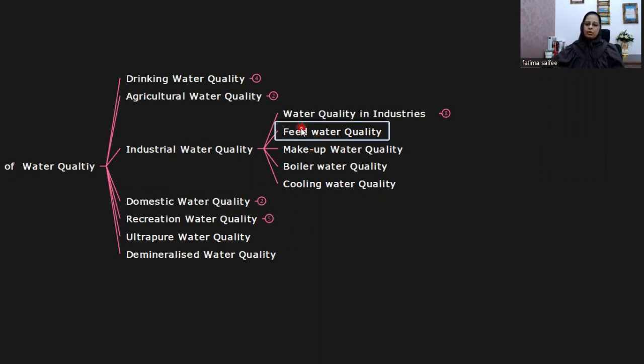Feed water quality is nothing but the source water that you are feeding to a process. Similarly, we use boiler water where we need to generate steam, and cooling water where some element is very hot with a continuous heating process, and we need water to cool down that process. That's the reason we use cooling water quality.